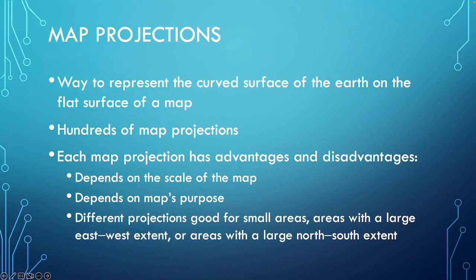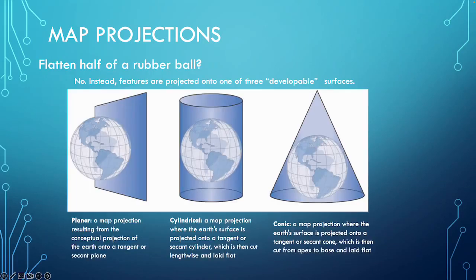If you want to measure the size of something, you're going to want a map that preserves area. If you want to just show the Earth in a nice, accurate way, you might want some distortion of all of those things, just so the map looks a little bit better and a little bit more normal. All right. So let's look at some ways that we can project the map.